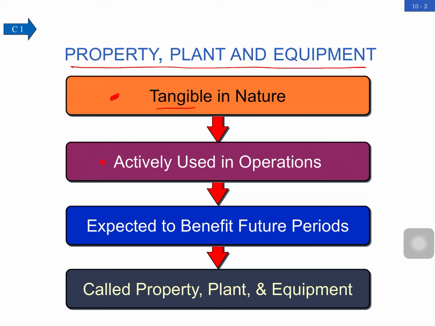The third one is expected to give you future benefit in long-term periods. When we talk about long-term periods, it means the asset will be used for more than 1 year, but usually more than 3 or 5 years.